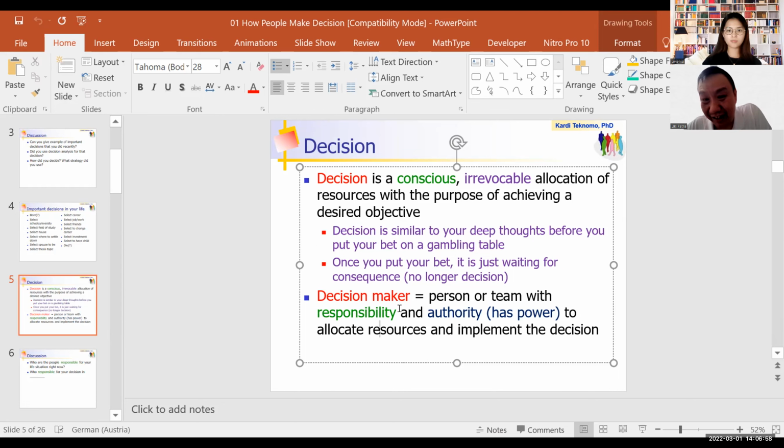Once you decide, it's there. You already allocated the resources, and the resources can include money and time. Like Putin deciding to attack Ukraine, that's a decision.